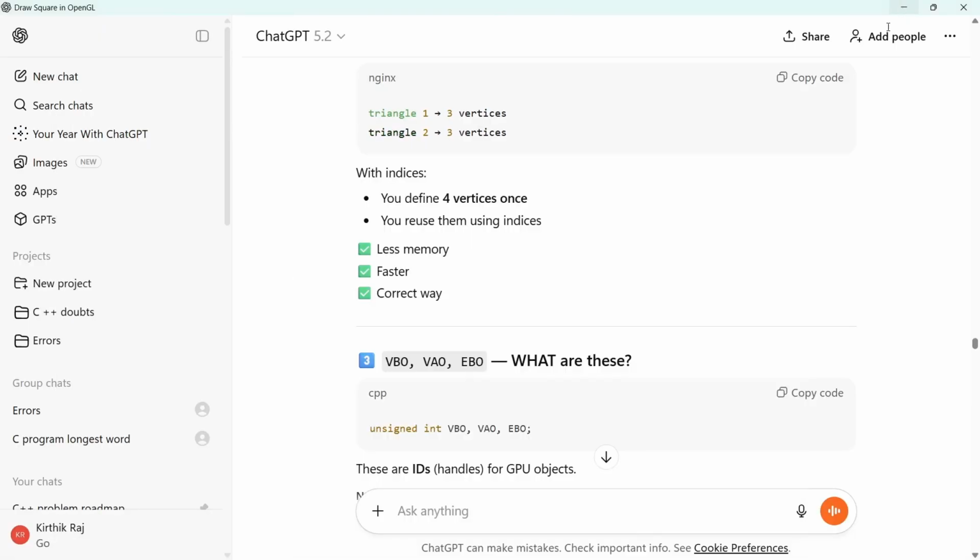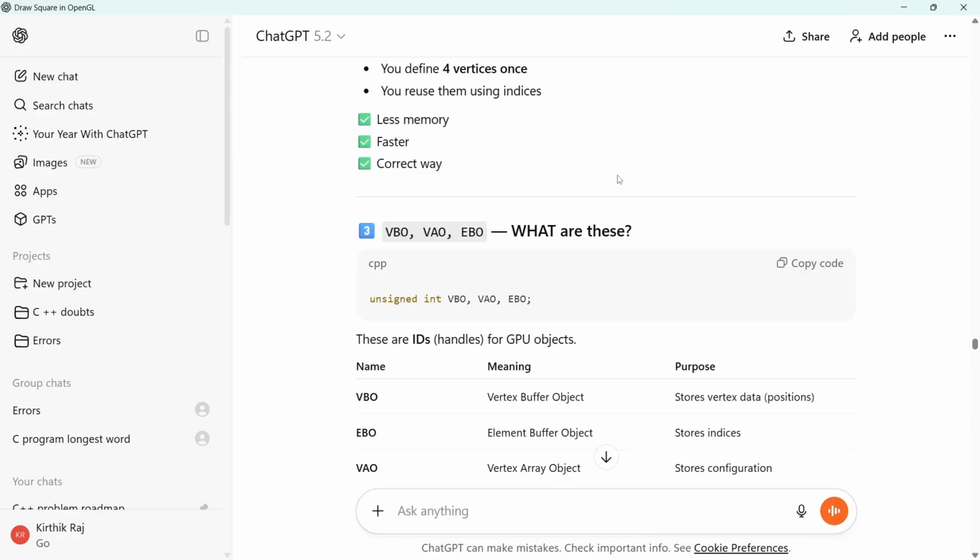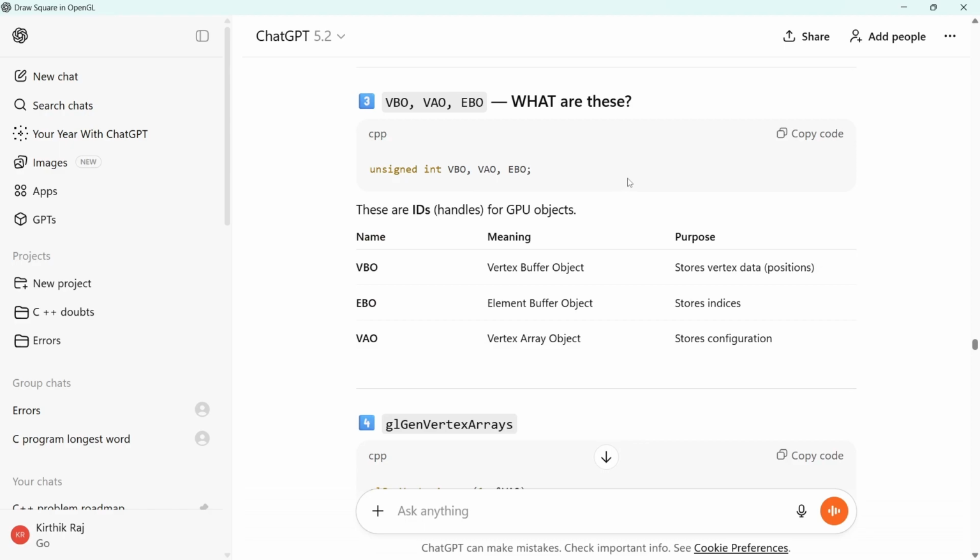So IDs are handles for GPU objects. VBO is a vertex buffer object that stores data. EBO is an element buffer object that stores the index. VAO is a vertex array object and stores the configuration.